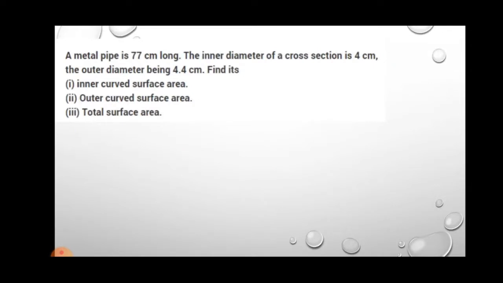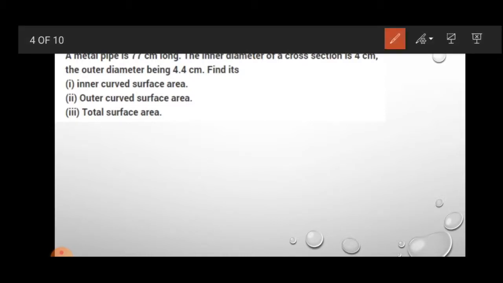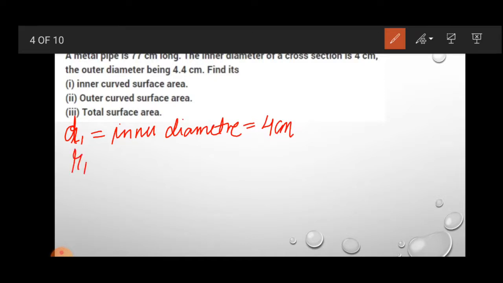Question number 3. A metal pipe is 77 centimeter long. The inner diameter of a cross section is 4 centimeter. Let D1 be the inner diameter, which is 4 centimeter, and R1 is the inner radius, which is half of diameter, equal to 2 centimeter.